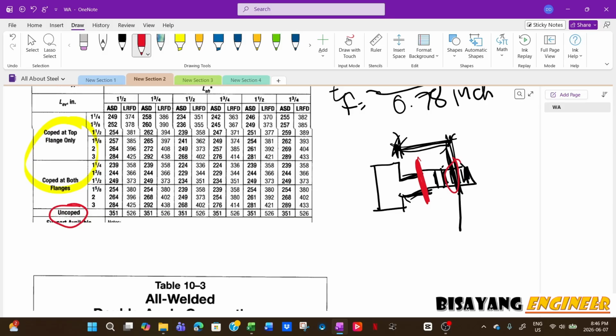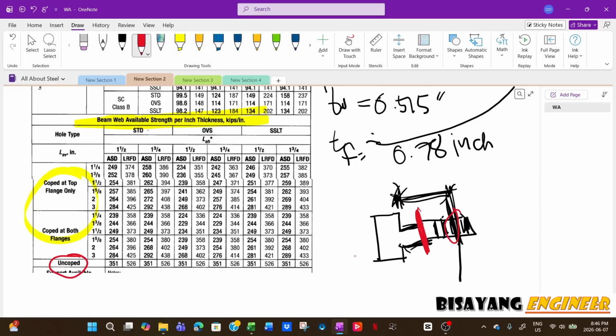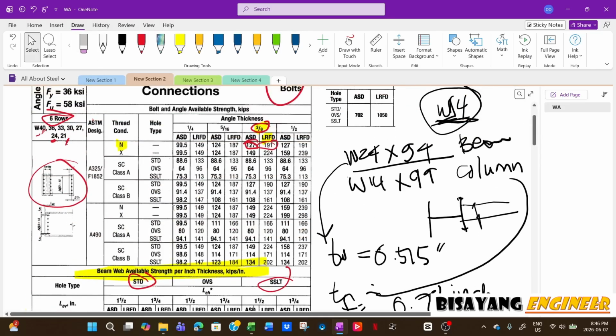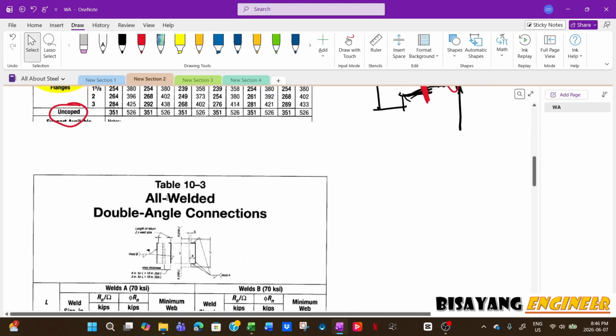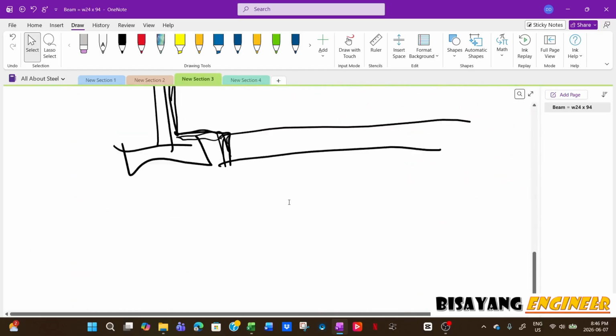Now, this depends also. We have the standard hole, we have the oversized hole and then the short slotted hole. And then you also have to determine what's the LEH. Now in the table, the LEH is this one. So we will do the connection.